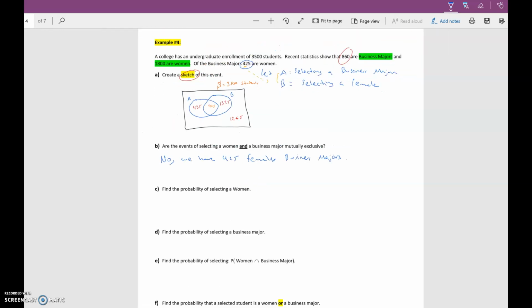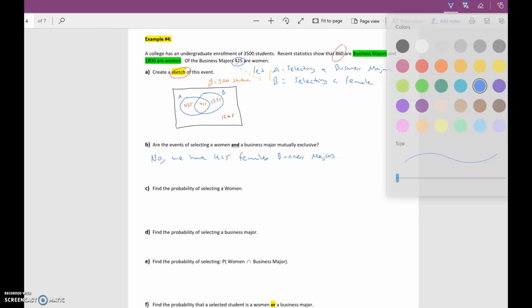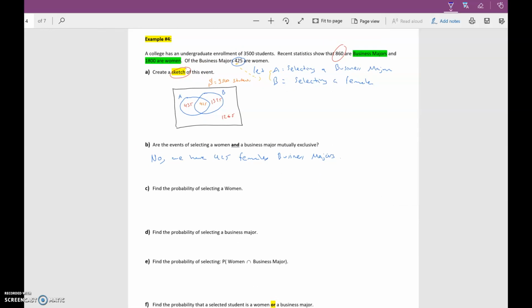Okay, so let's take a look at probabilities. And we already declared A and B. In this case, find the probability of selecting a female. Female says B, so that's event B as I declared it here. So in this case, you can just jump to the probability of B. Now for B, the total number of females is actually given here as 1800. So this will be 1800 divided by the 3500.